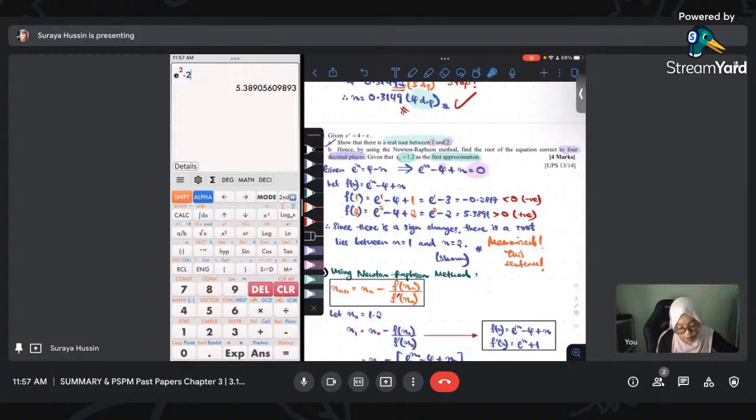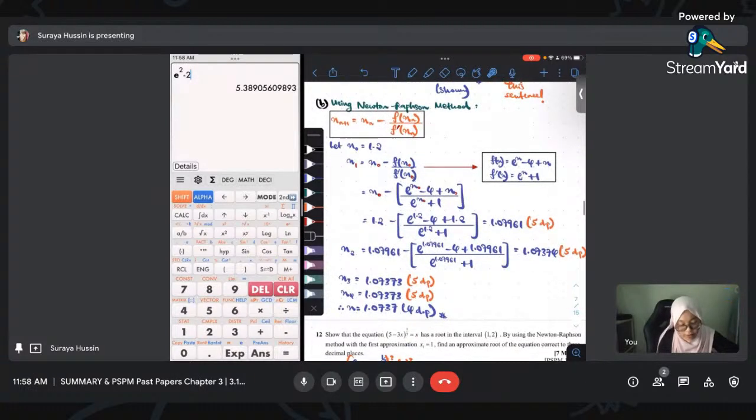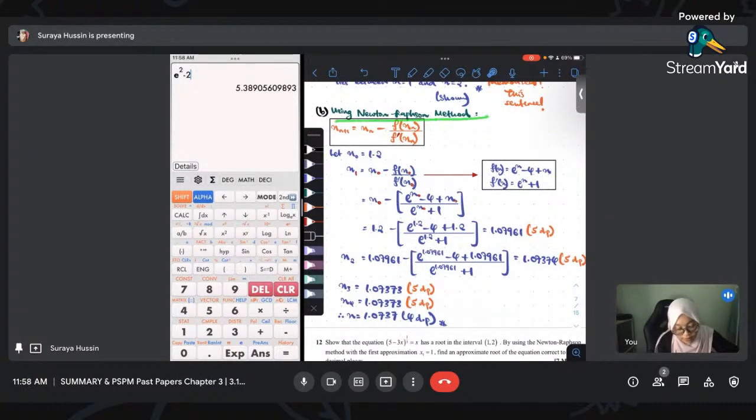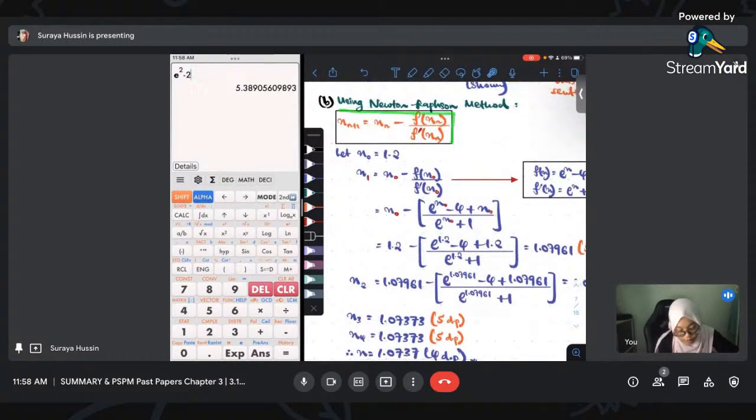So now let's focus on the Newton-Raphson Method over here. So Newton-Raphson Method, saya sentiasa suka untuk tulis formula dulu. I always love to write down formula xn plus 1 equal to xn minus function xn over f prime xn.